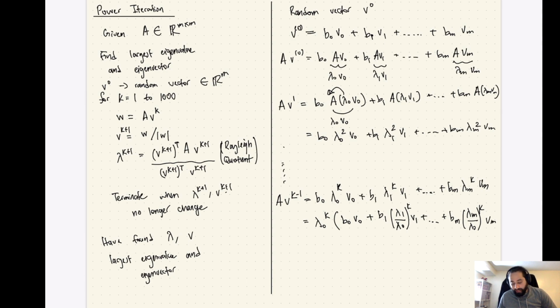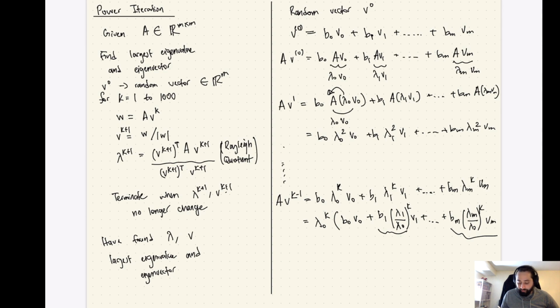You see that A to the k minus 1, k is getting bigger and bigger. Lambda 0, when I pull it out here, you're going to get these terms to die. Because if lambda 0 is greater than lambda 1, this entire thing raised to the k will eventually go down to 0. Same thing down here.